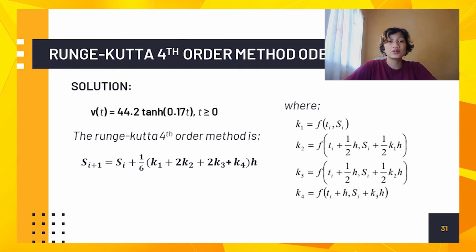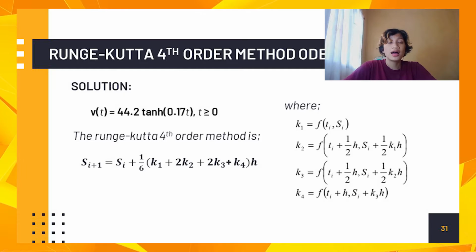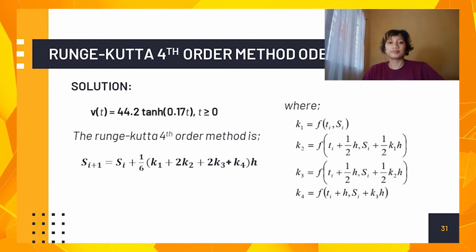k sub 3 is equal to f of t sub i plus 1/2 h, comma, S sub i plus 1/2 k sub 2 times h. k sub 4 is equal to f of t sub i plus h, comma, S sub i plus k sub 3 times h.